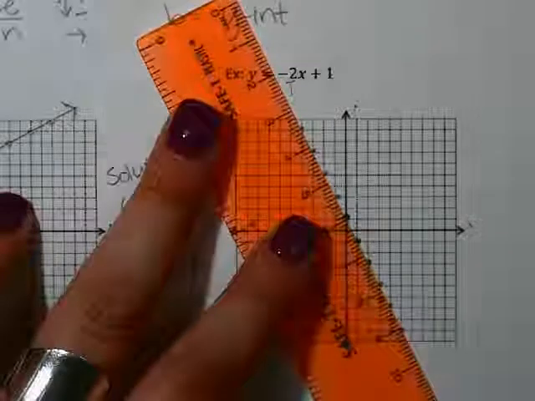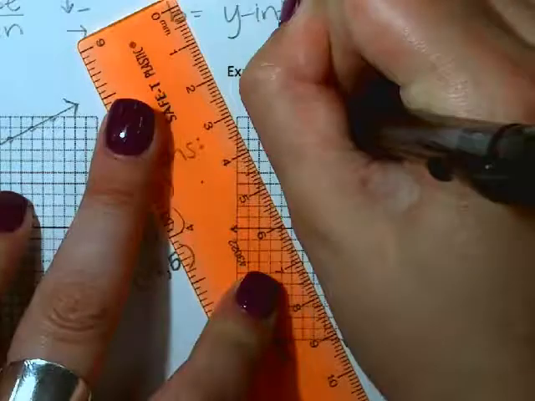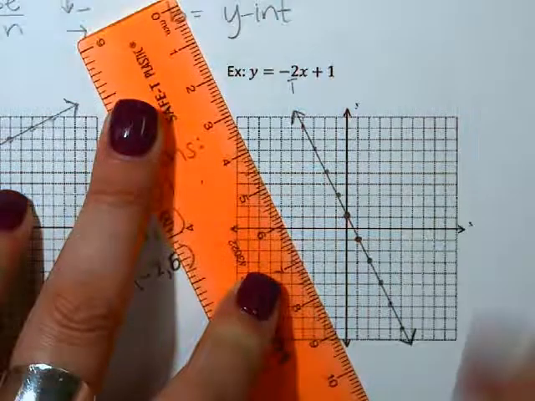And then once you've drawn your line, I want you to take a moment and I want you guys to write down 2 different solutions that are on that line.